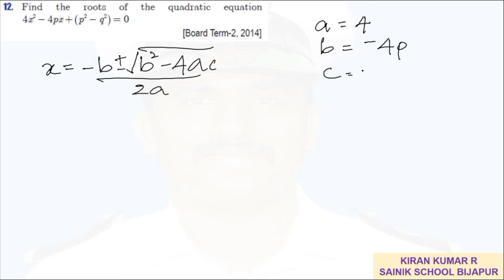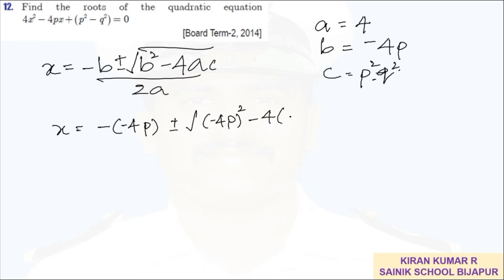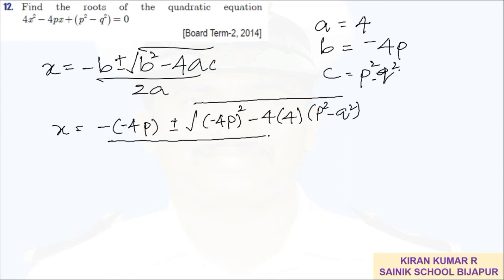What is c value? It is p square minus q square. Let's substitute. We'll be getting x as negative of negative 4p plus or minus root of minus 4p whole square minus 4 times a value, which is 4, and the c value is p square minus q square, divided by 2a, nothing but 2 times 4.